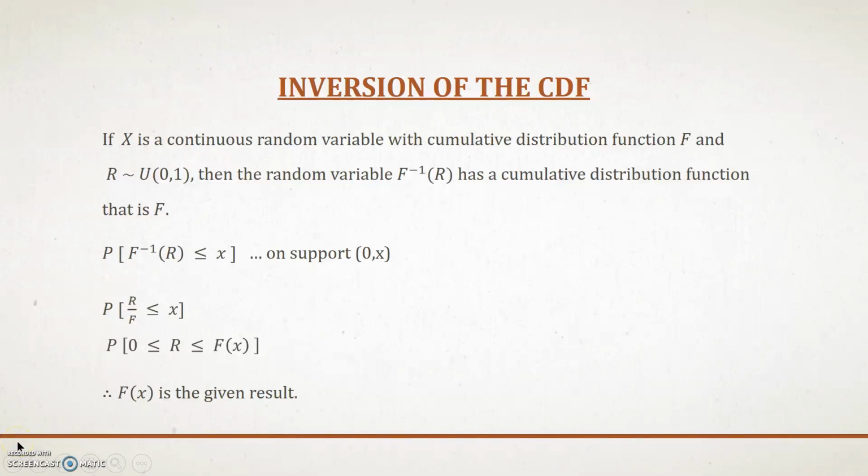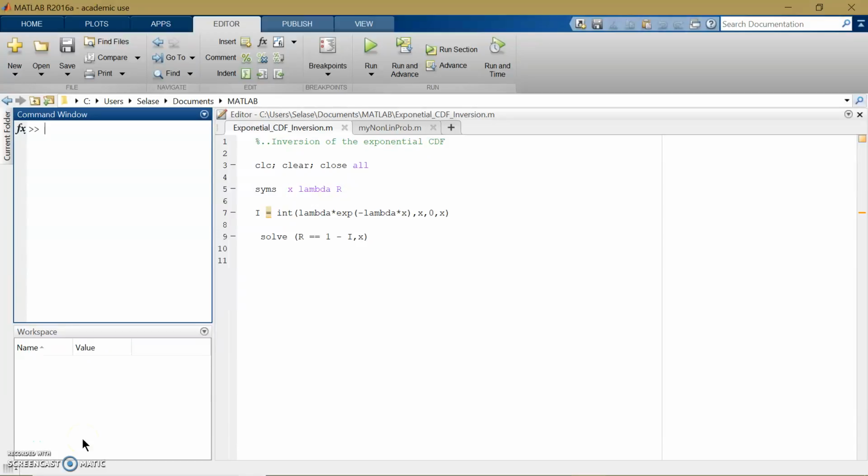For the one in MATLAB, we're going to look at the exponential distribution. Now that we're in MATLAB, this is a very simple code, but I'm going to run through it quickly and then tell you what we're trying to do. As you can see, it's commented at the top: an inversion of the exponential CDF, and this is our input that lets us refresh every time we run it.